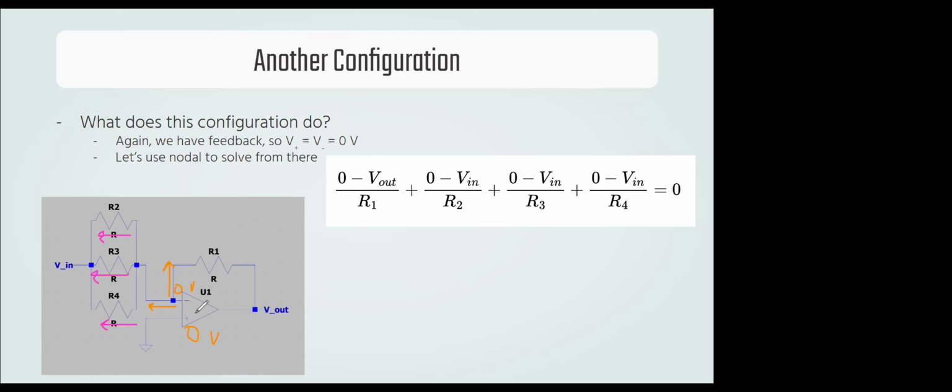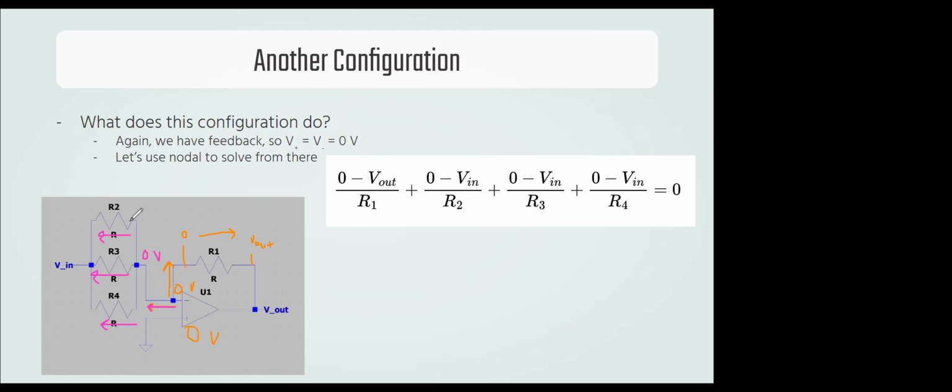The current going up is going to be 0 minus V out over R1. The voltage before is 0. The voltage after is V out. So 0 minus V out divided by R1 gives us that current, okay? For these resistors, instead of writing this one current right here, we're going to just write the sum of these three currents. So the voltage here is 0 volts, and the voltage after is V in. So all their voltage drops are 0 minus V in.